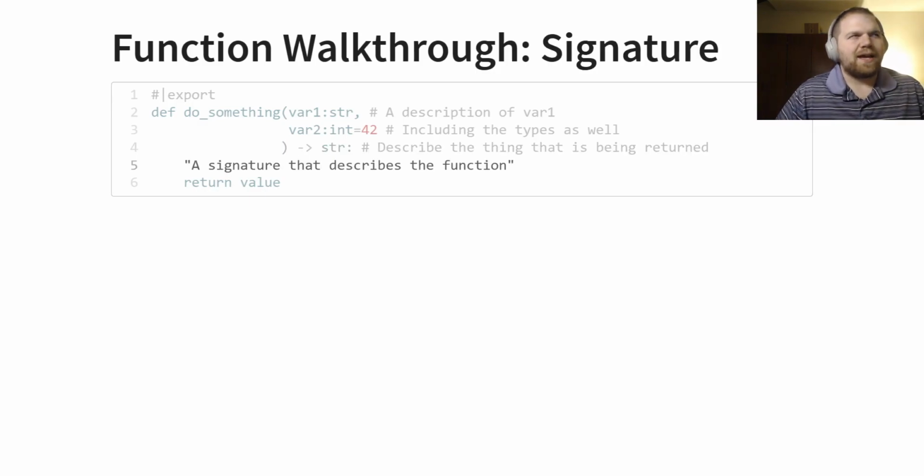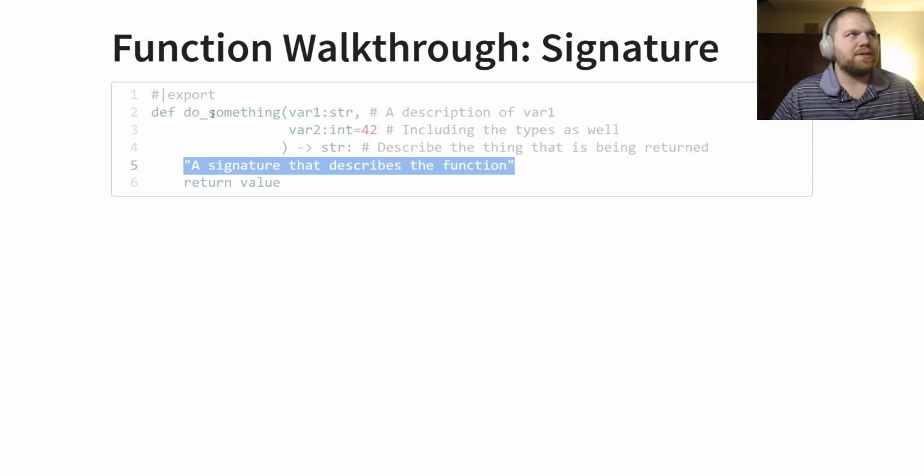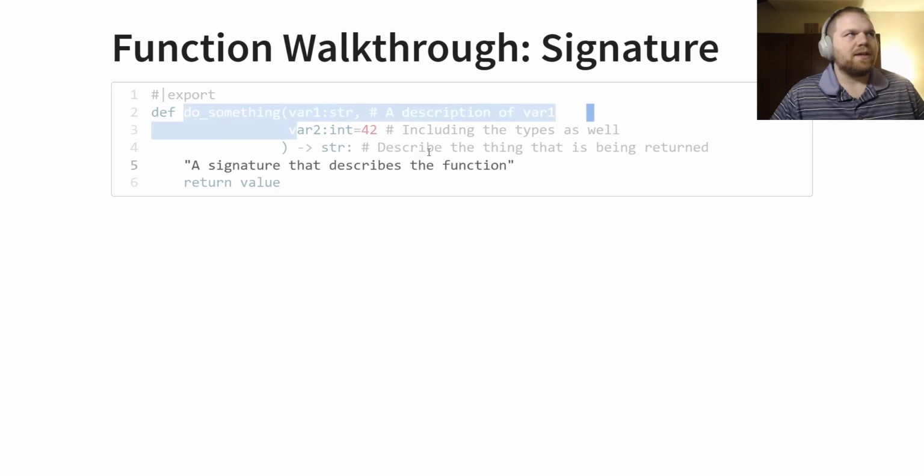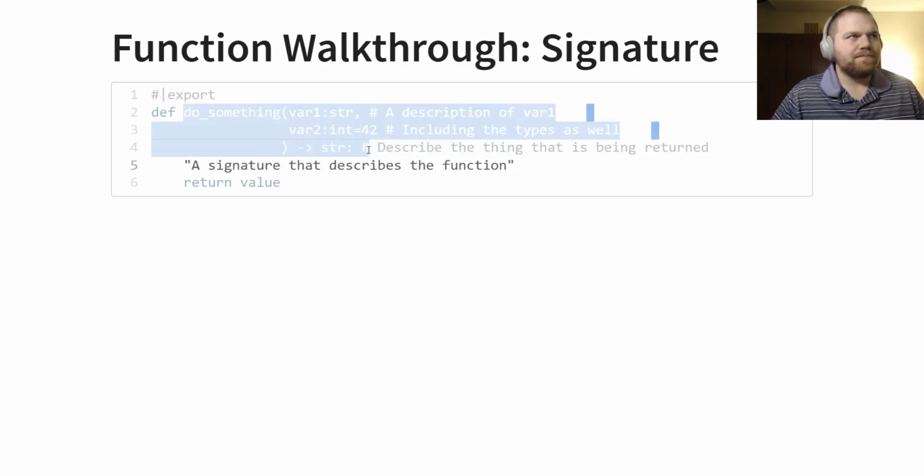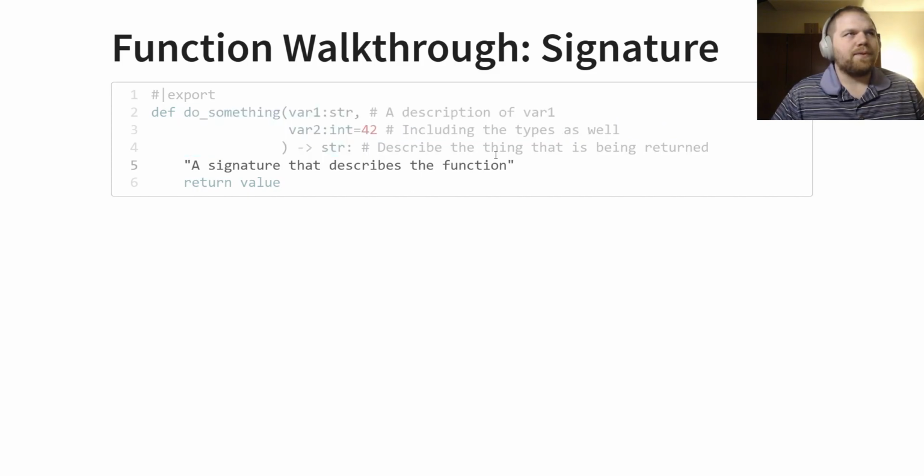I called this a signature. I was corrected here during MadPy. This is actually a docstring down here, not a signature. This whole thing is considered the signature. So the docstring will show up as well in the next screen.